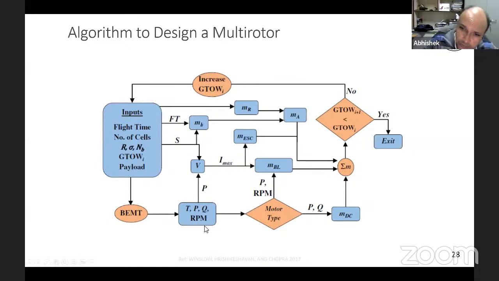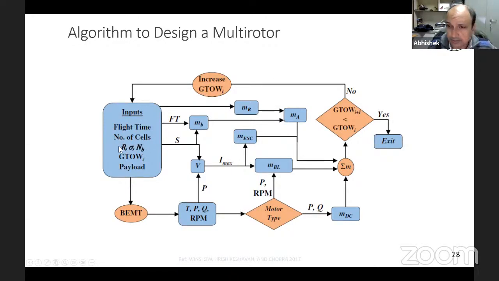This is the process which you have to follow exactly, or ideally you should follow exactly, when you design your VTOL system, because it's an electric based system. So you have to have means of calculating different component weights and so on. Like we discussed earlier, we start with the inputs where we give the flight time. In our case, it may be range. Then you have to make selections. If it's a purely electric driven system, you need to select the number of cells.